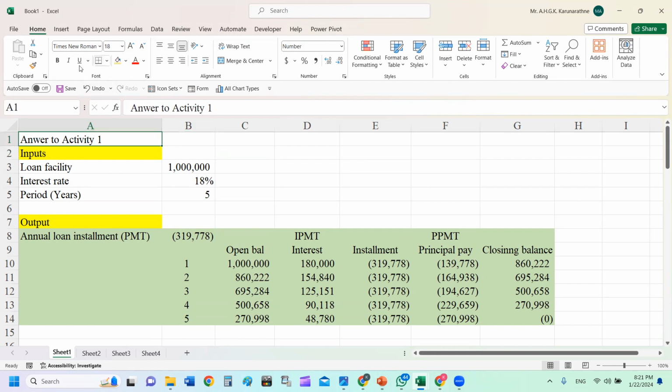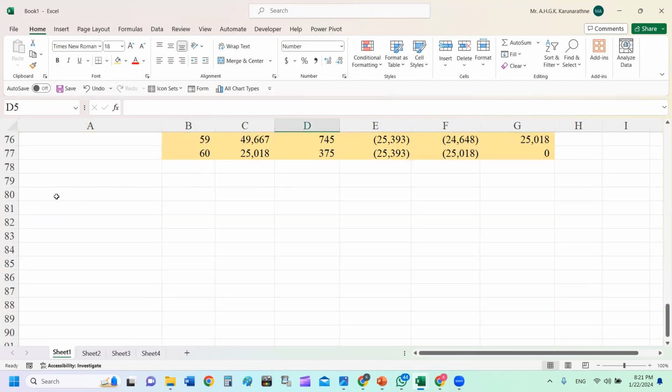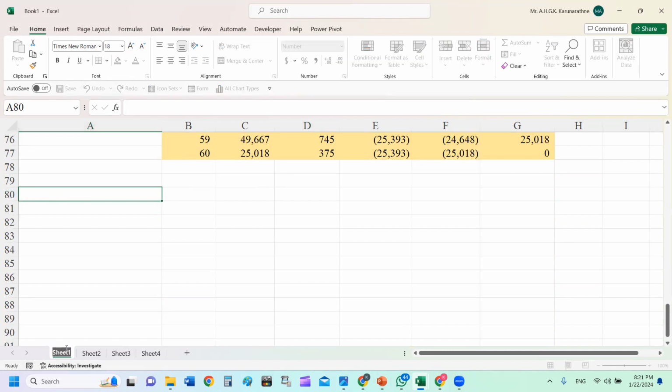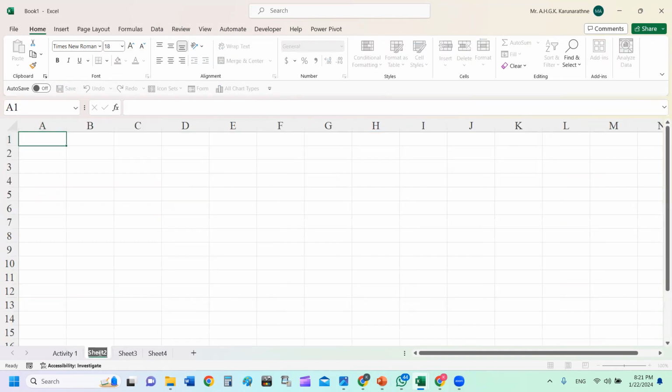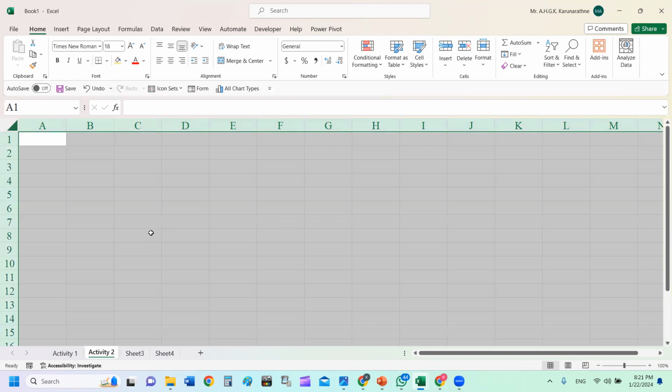Then we will now move to activity 2. Okay, making a different sheet, which is convenient. This is activity 1, and in another sheet, activity 2. Let me format my table.